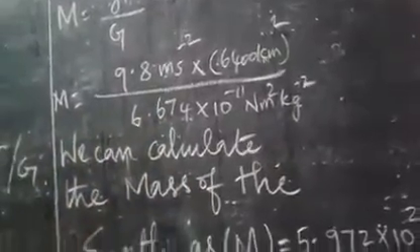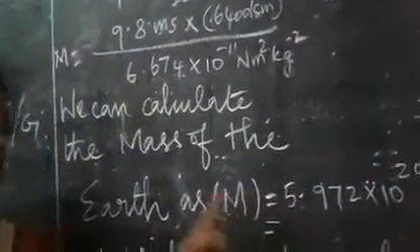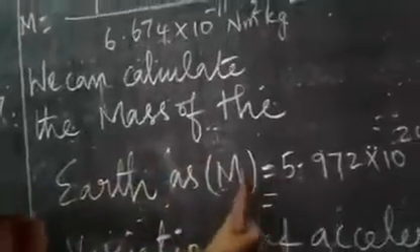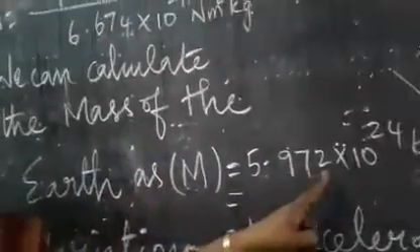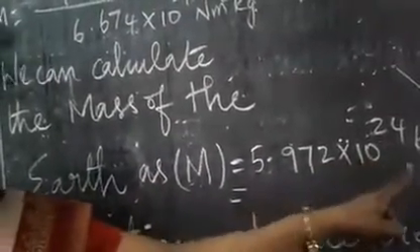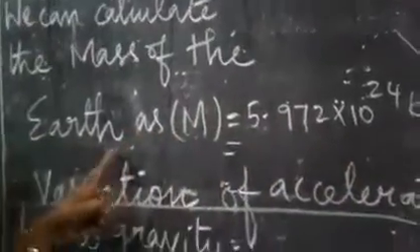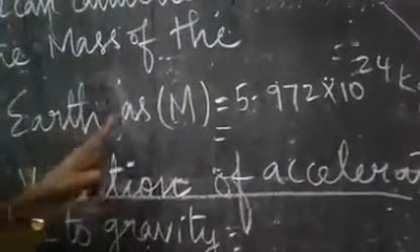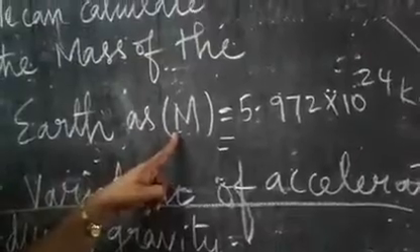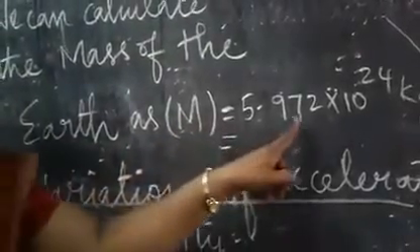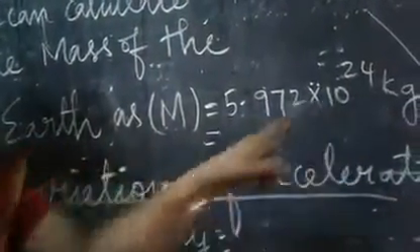So the final value of the mass of the earth, M, is equal to 5.972 into 10 power 24 kilogram. This is the final value of the mass of the earth.